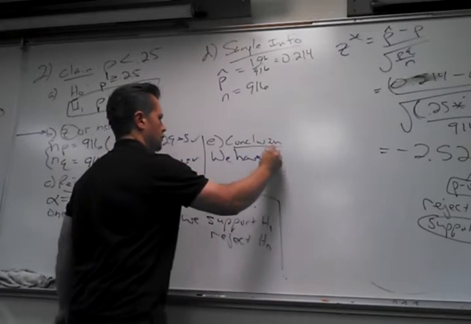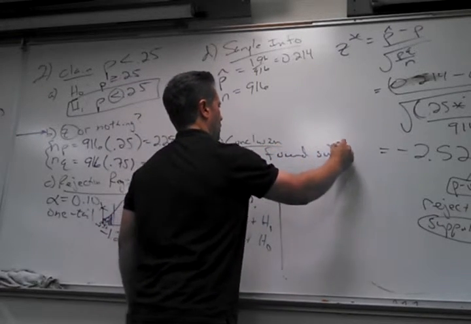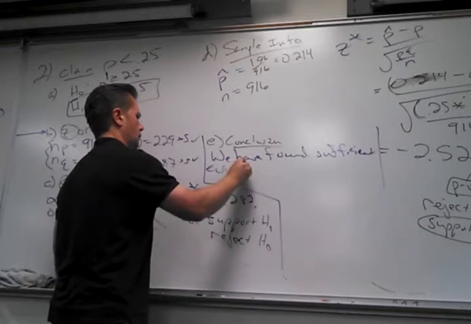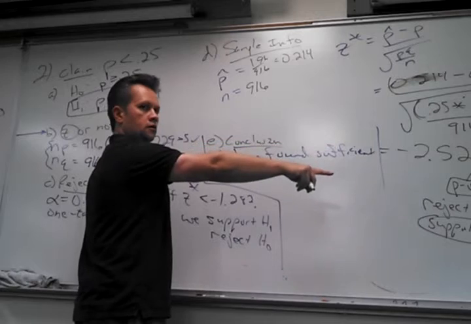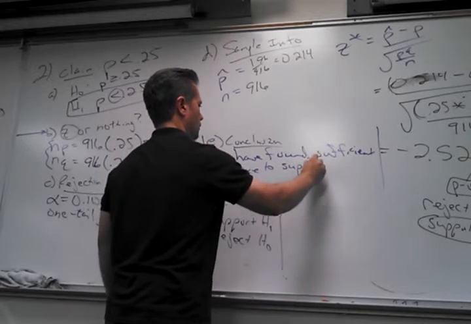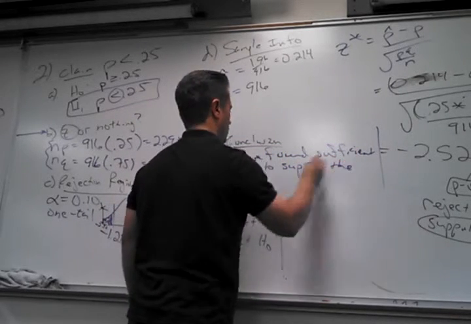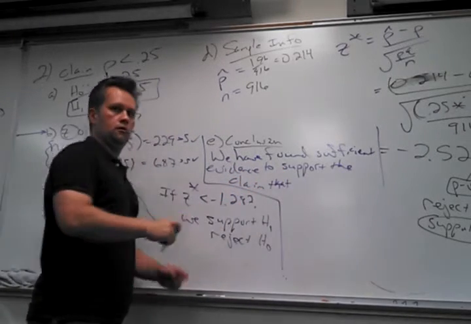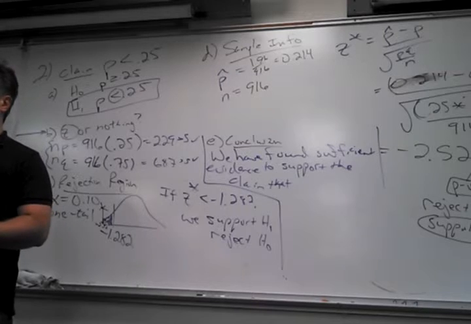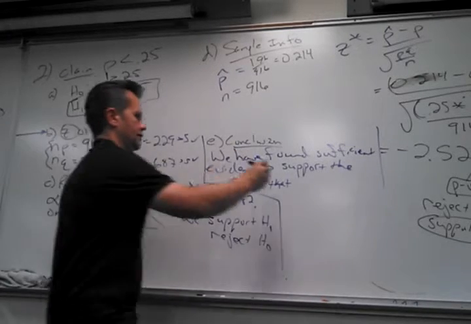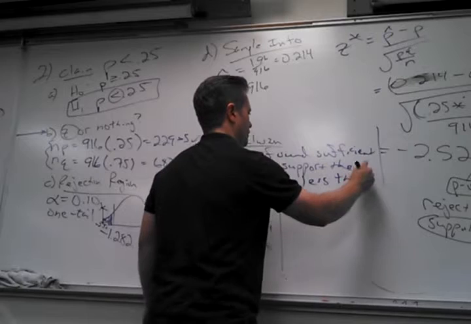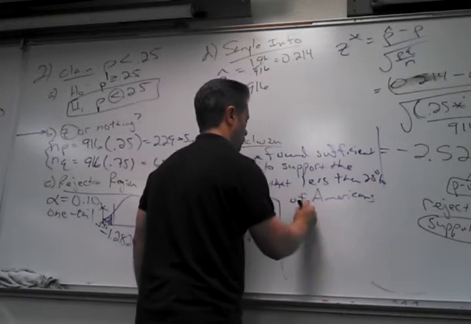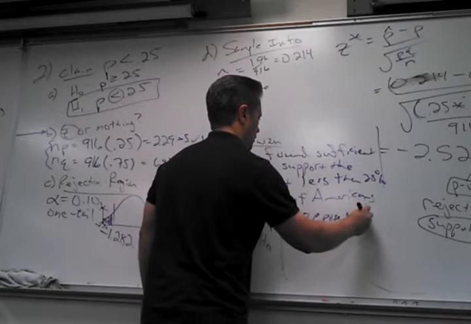We have found sufficient evidence to support the claim that less than 25% of Americans opposed Occupy Wall Street.